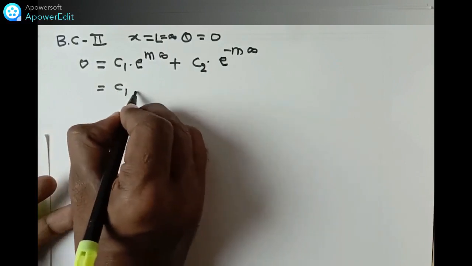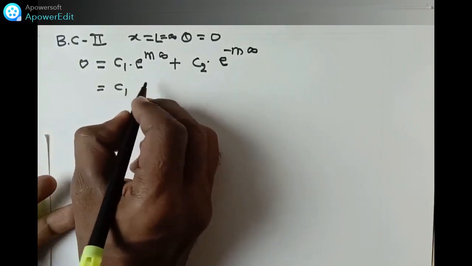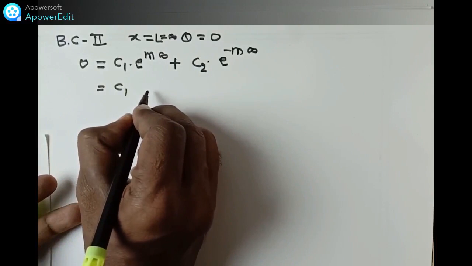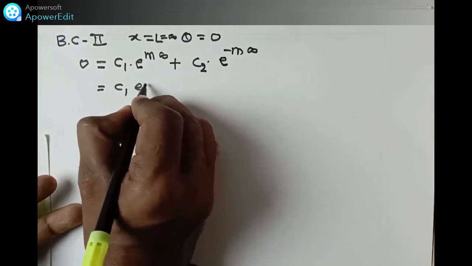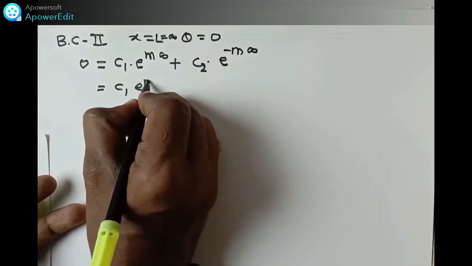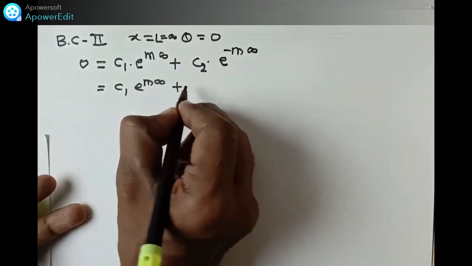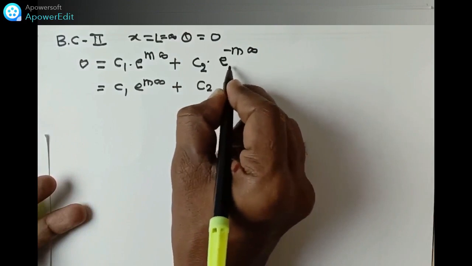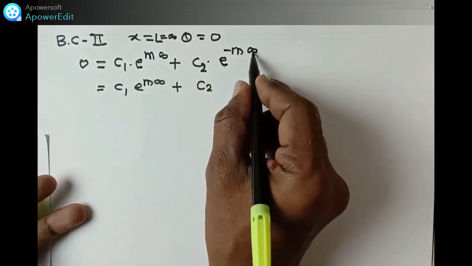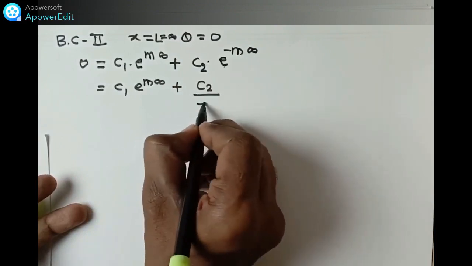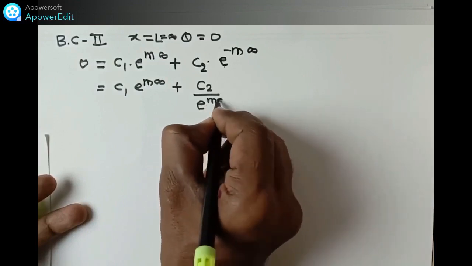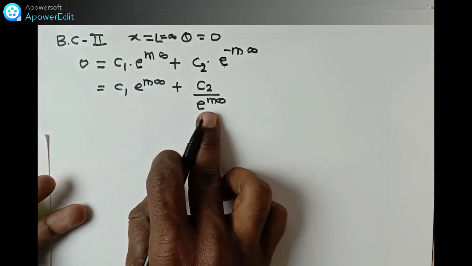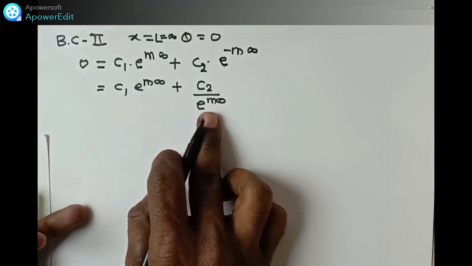So further simplification, we will have here C1 into e raised to m infinity plus C2. Now e raised to minus m infinity we can write in this way, C2 divided by e raised to m infinity.